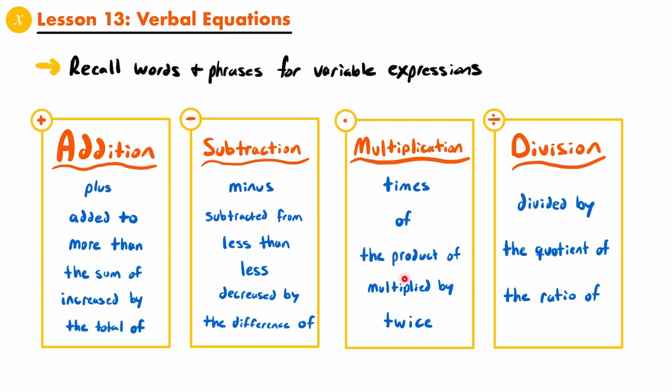Okay, so all of these words and phrases that we learned for translating verbal expressions into variable expressions are still in play. But for translating sentences into equations, we also need to learn a new set of words and phrases. Specifically, we need to learn how to recognize words and phrases that mean equals, which refers to an equal sign which we have in equations.